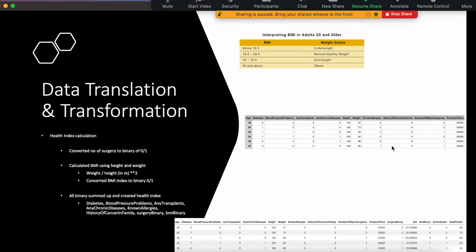Here, the number of surgeries is 0, 1, 2, 3, something like that. When I do data analytics, if the data is in zeros and ones form, it is very easy for me. So I'm going to convert all my data into zeros and ones. For example, if the person has diabetes it is 1, if not it is 0.